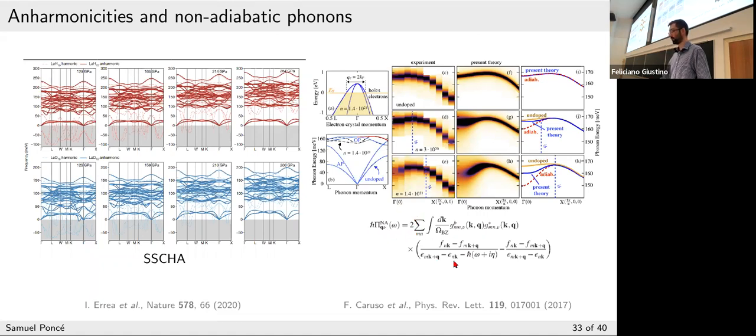And this is the equation for that. And you can have softening, you can have broadening, and so on. What one can already compute is this phonon spectral function, but to my knowledge, it's not been used in the framework of transport. But you could basically replace your phonon frequency by those renormalized ones and see how that affects transport.